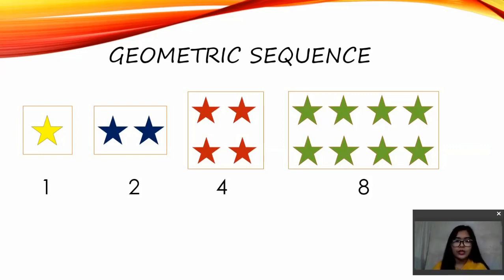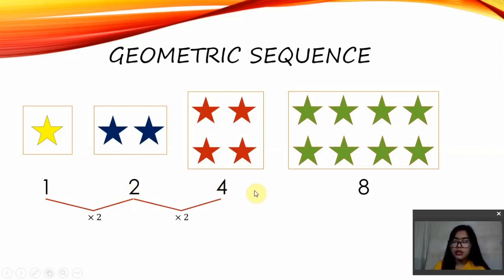Okay? So, from the first term, or first box, I mean, 1, nagmultiply tayo ng 2. So, 1 times 2 is equal to 2. From 2 naman, we multiply the same number, 2, to get 4.